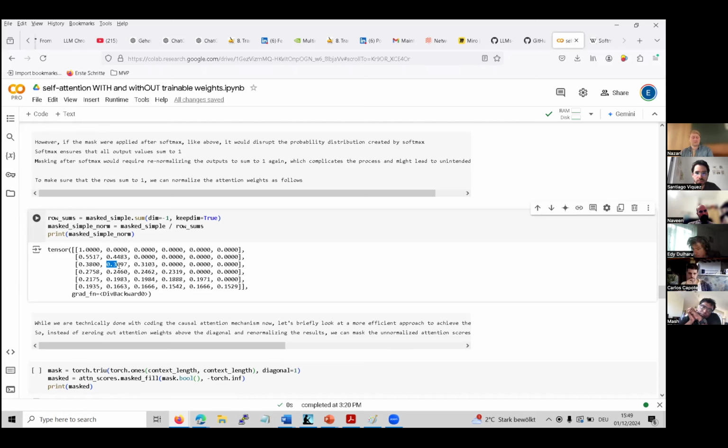So for the word starts, somehow the word your is more important than the word journey. This is how I read it.